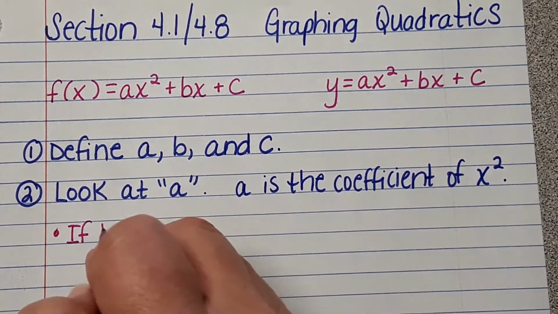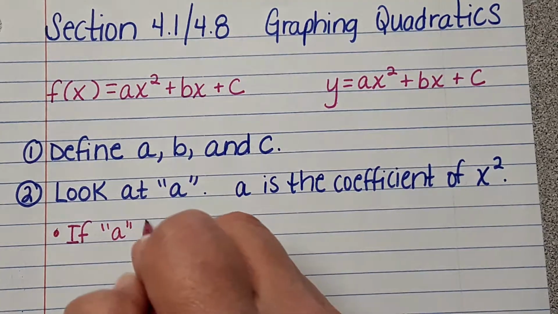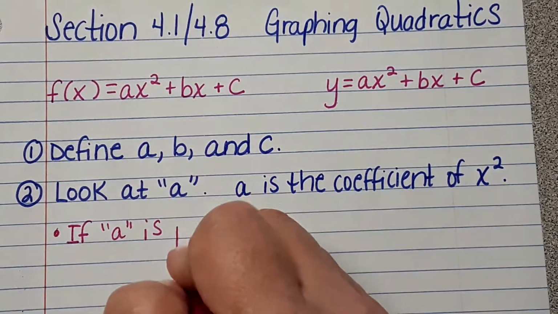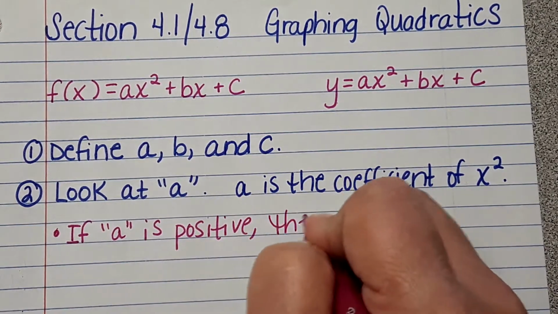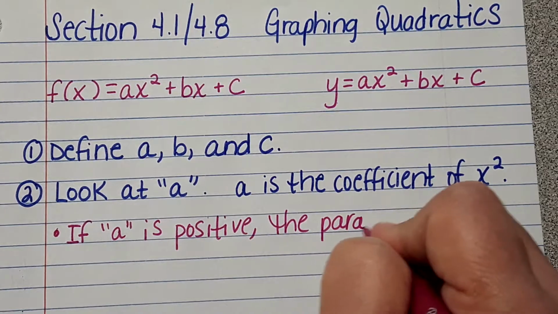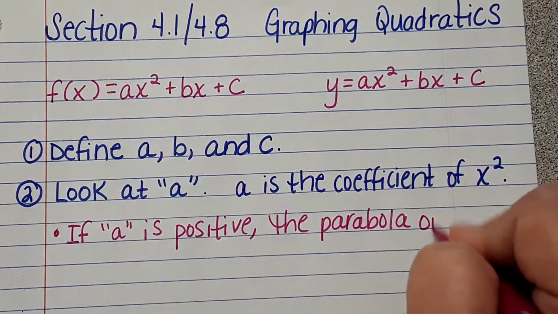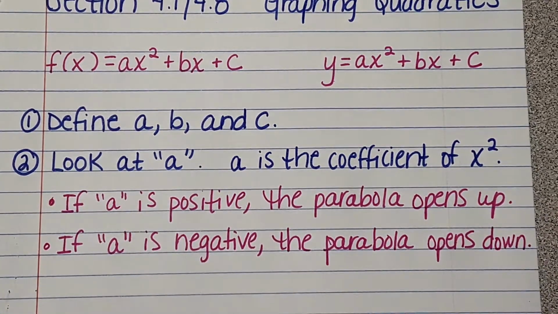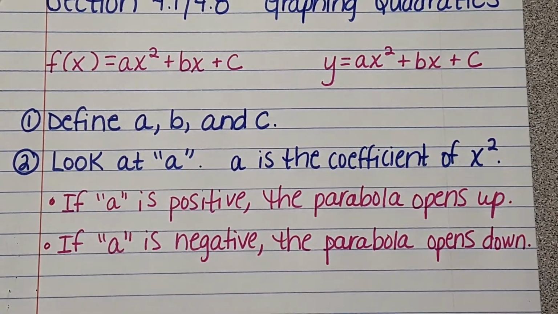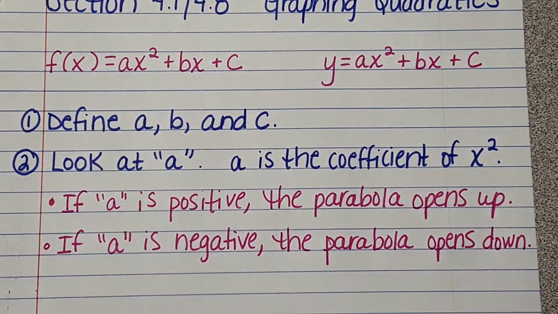If A is positive, that means that number is positive, the parabola opens up. A is in front of the x squared. So if it's positive, you're going to have a parabola, which is the U-shaped graph, open up. If A is negative, then the parabola opens down.